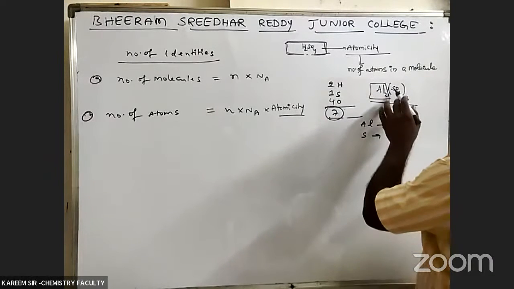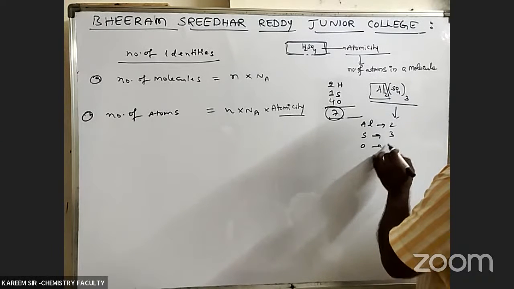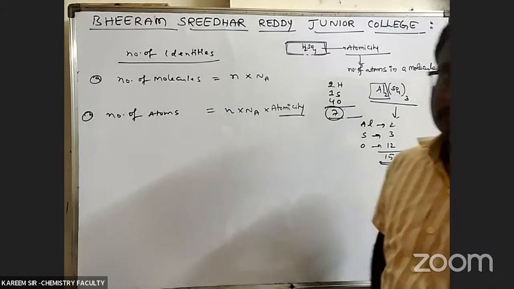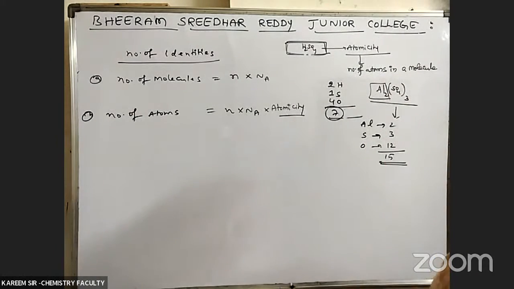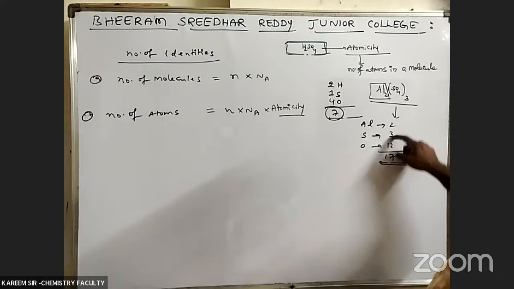Sulfurs how many? 3. Oxygens how many? 12. Total atomicity is 15. Sir, 17, sir. 2 plus 3 plus 12 is 17.